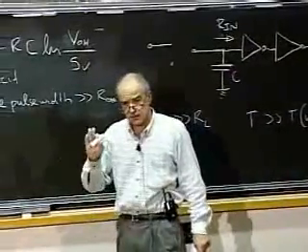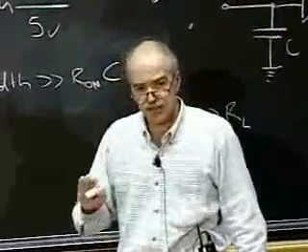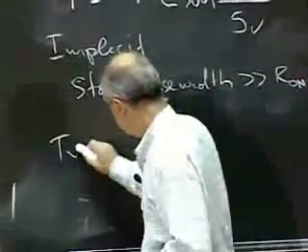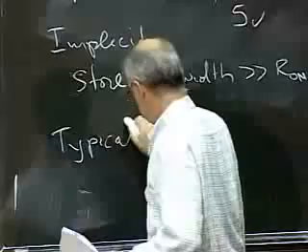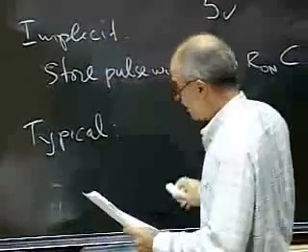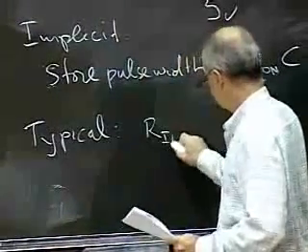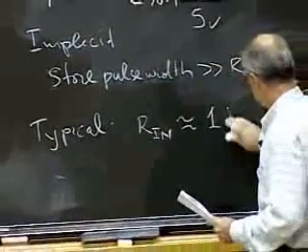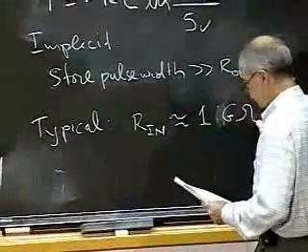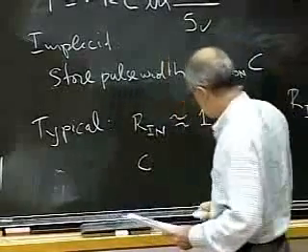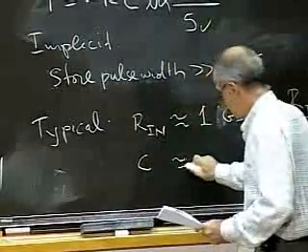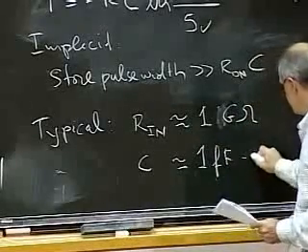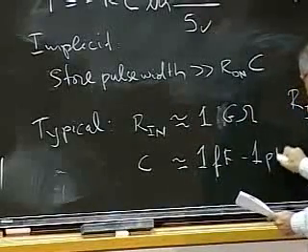Let me give you some numbers that are typical for a dynamic RAM. Okay, so typical values we're talking about are Rin on the order of 1 gigaohm and storage node capacitor on the order of 1 femtofarad to 1 picofarad.